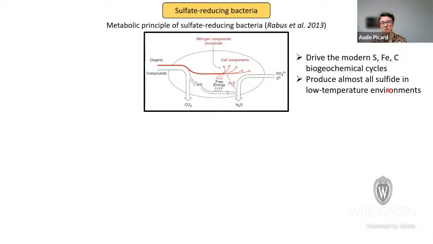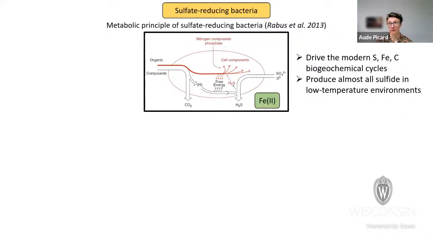I think it's been estimated that 97% of sulfide produced at the surface of the Earth is from sulfate-reducing microorganisms. I'm only talking about bacteria today, but there are other archaea that also produce sulfide. The remaining 3% of sulfide is produced at hydrothermal vents, where we have a significant amount of sulfide produced.